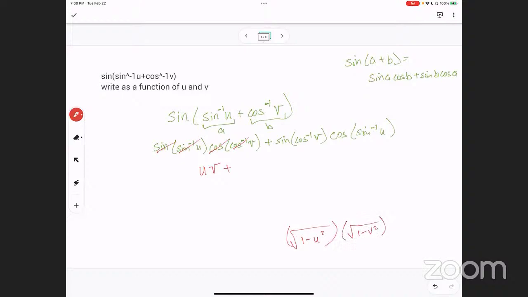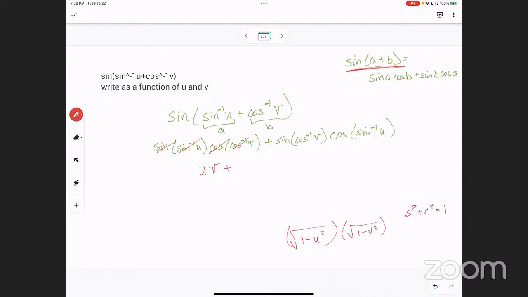So what they're doing is they're using, is there a different formula for the sine of a plus b? Is there another one that you can use instead of this? No, all I have. So what they're doing is they're using the fact that sine squared plus cosine squared equals 1.